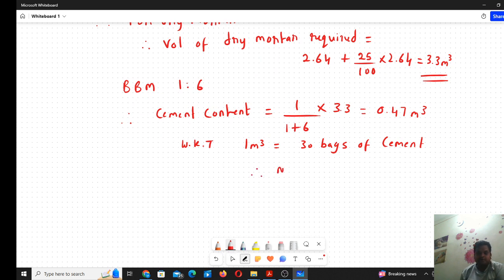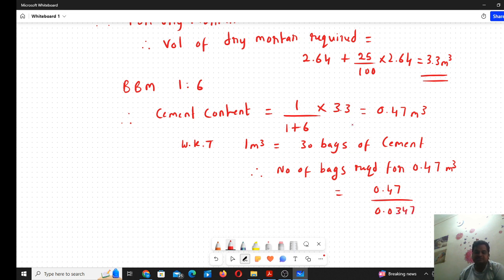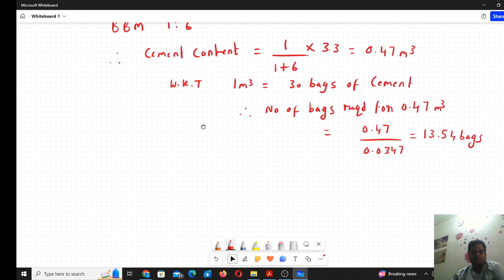Therefore, the number of bags required for 0.47 m cube is equal to 0.47 upon 0.0347, which is for each bag. So this comes out to be 13.54 bags of cement required for the 10 m cube of mortar.